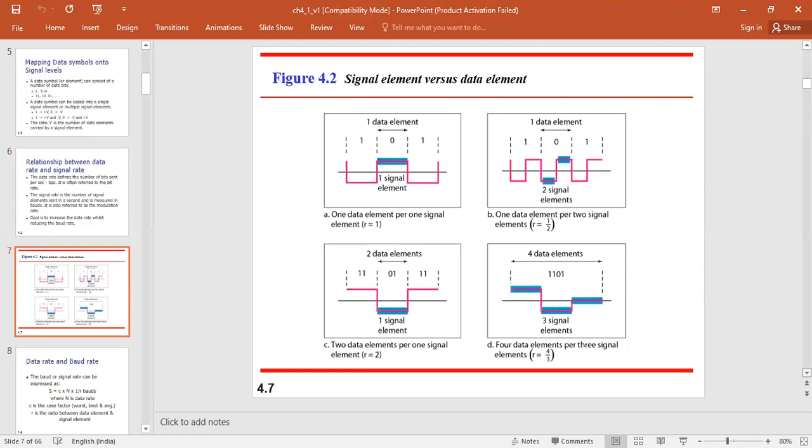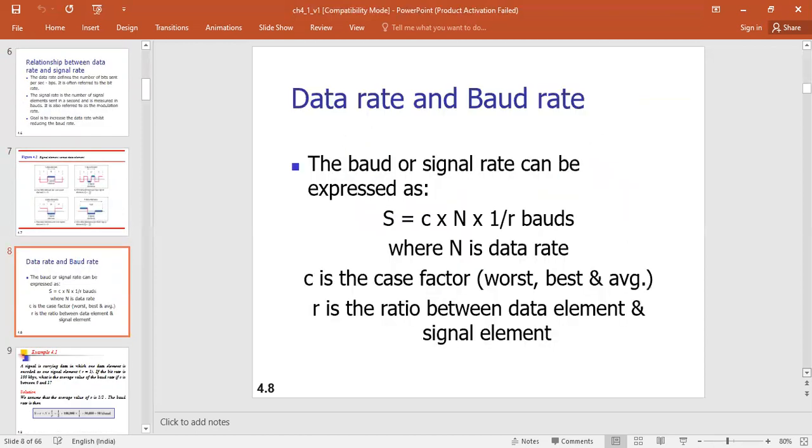If the value of R is greater than 1, it is better for data communication, because the data elements outnumber the signal elements, meaning you can send more data at a lower signal cost. So the ratio should be more than 1.